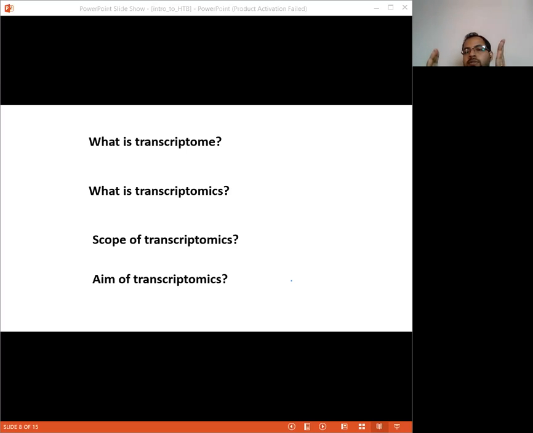Okay, so some genes may be upregulated in one condition, or some genes may be downregulated in that sample, but for that you need a control. Okay, if you can set one control, then only you can say that with respect to that control, the genes are overexpressed or underexpressed in a sample, in a condition. Is it clear? So that kind of thing you can perform using the transcriptomic technique. Okay, got it?